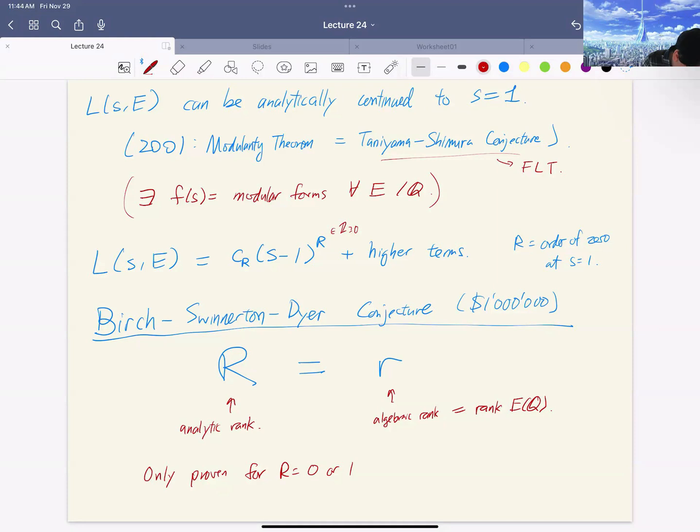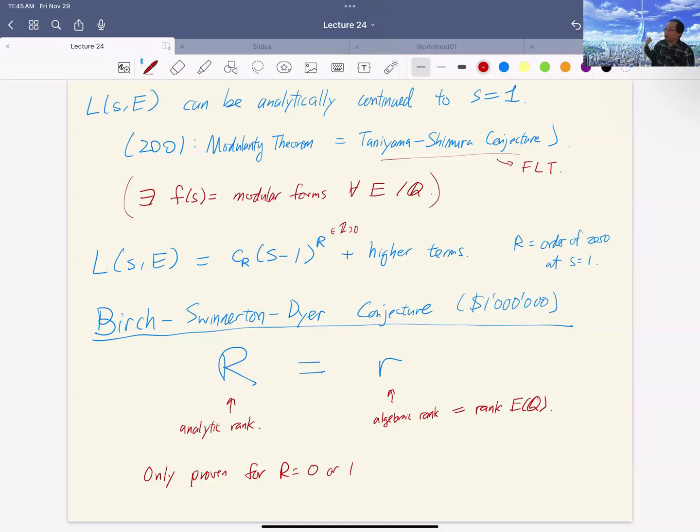I don't know how to pronounce it. So a lot of information about the elliptic curves is encoded in the first term of this series. So this is the second Millennium Problem mentioned in this class. We have the Riemann hypothesis, and now this is the second one. Okay, so that's the money problem.